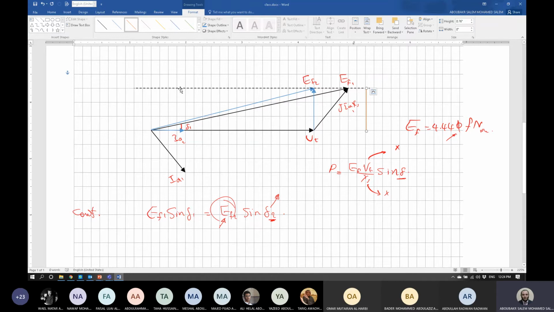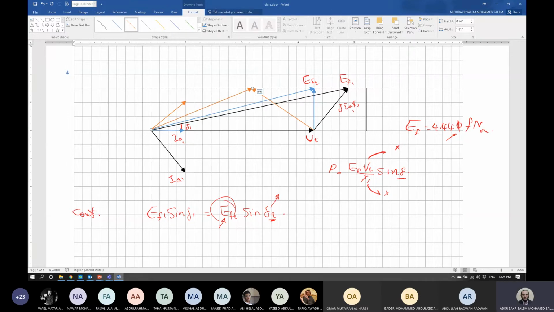طيب let's draw the third case of leading power factor. So this is, for instance, another case for IA lead, okay, and jIA XS will be like that, and then EF will be this resultant vector.